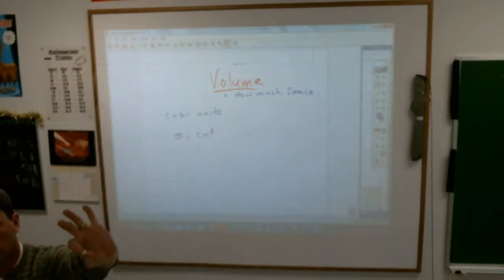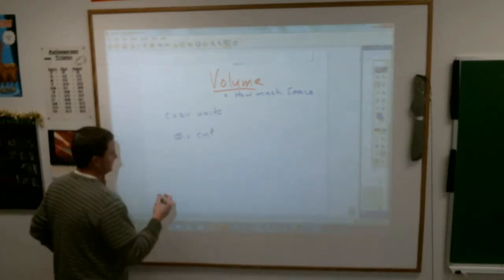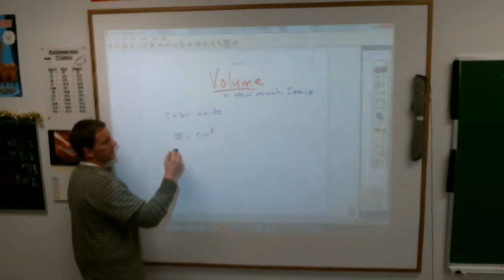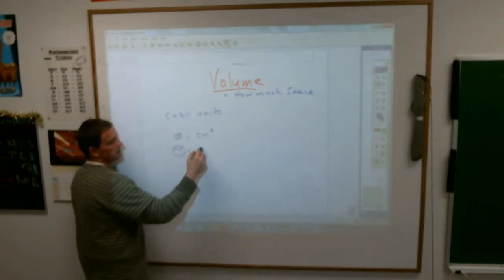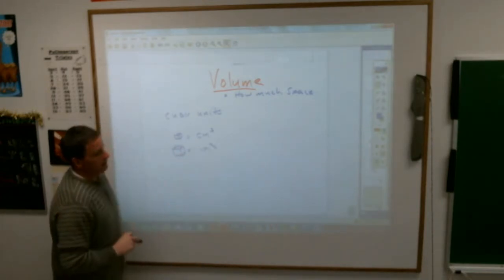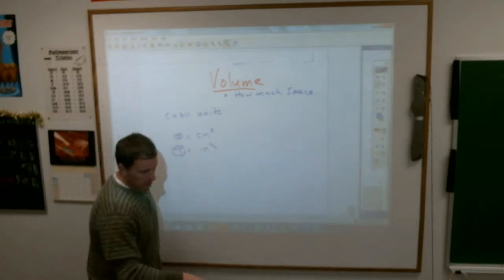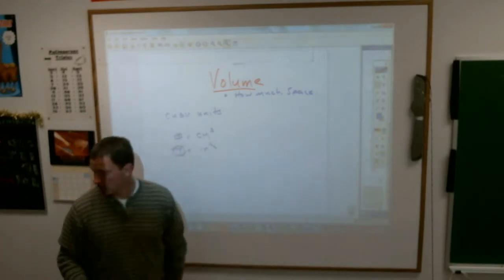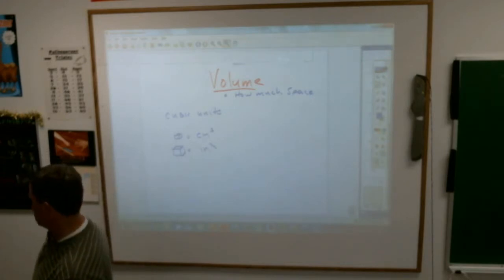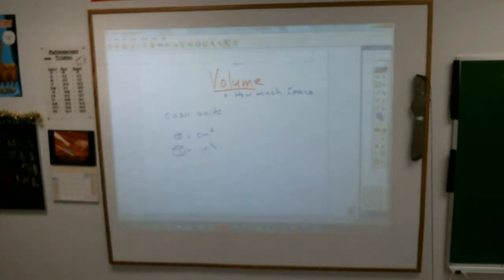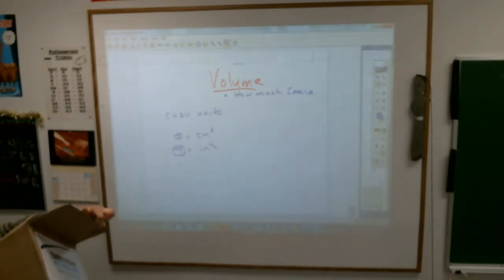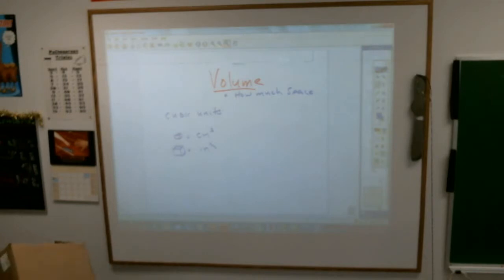Not very big. If you think about something that's an inch by an inch by an inch, it's a lot bigger than a cubic centimeter, but not huge. That's a cubic inch. If you look at the floor and you see the little square on the floor, this one's a little bigger. If I would stop it right about here, that would be about a cubic foot.